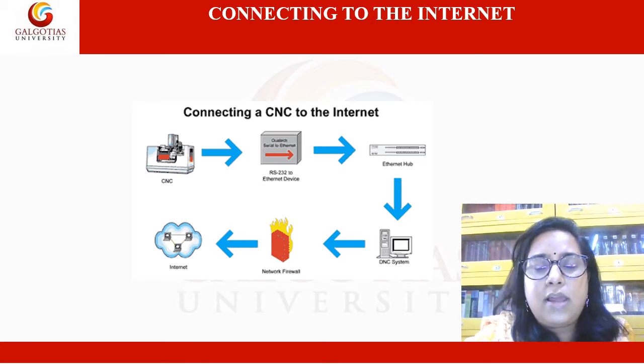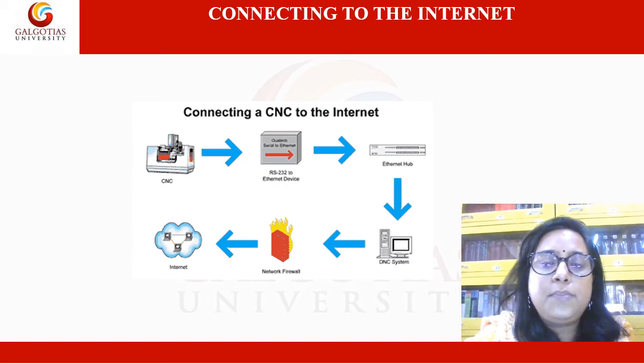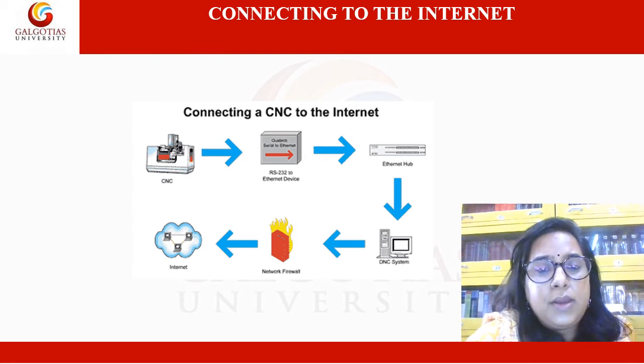Dial-up connection: we can get connection to the internet by dialing the ISP number. Another one is leased lines. A dedicated line is laid especially for the connection. Another one is broadband. This also provides a good speed. Another one is Wi-Fi broadband.